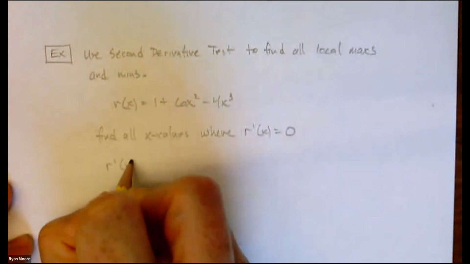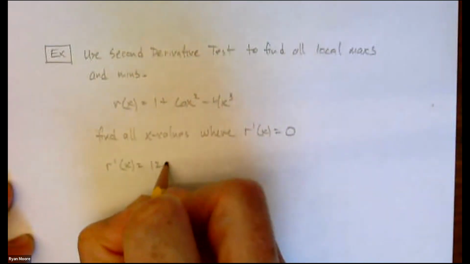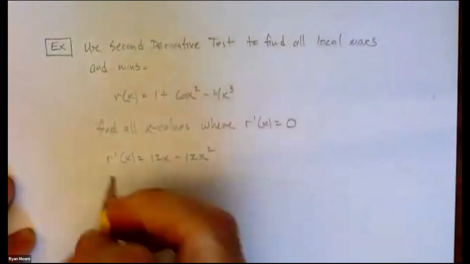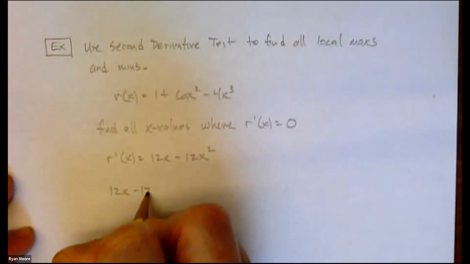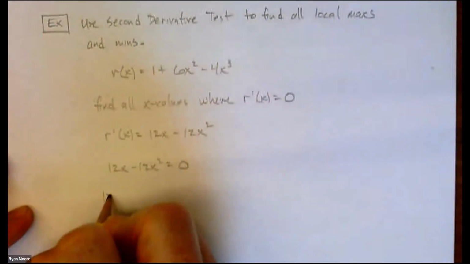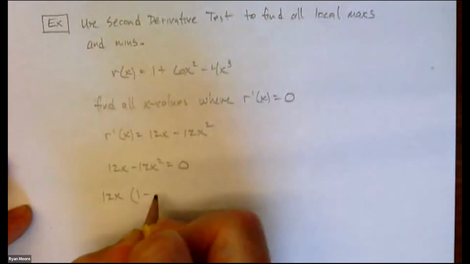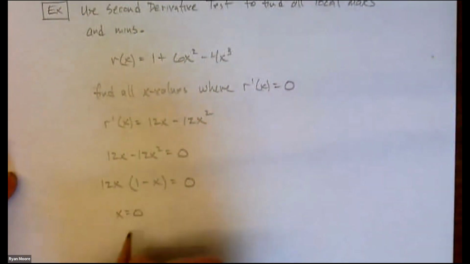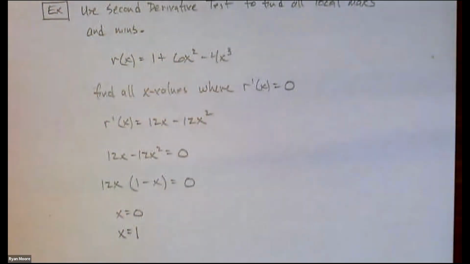Okay, so r prime of x looks good: 12x minus 12x squared. Where does that equal 0? Factoring, 12x times 1 minus x equals 0. So we know x could equal 0 or x could equal 1.